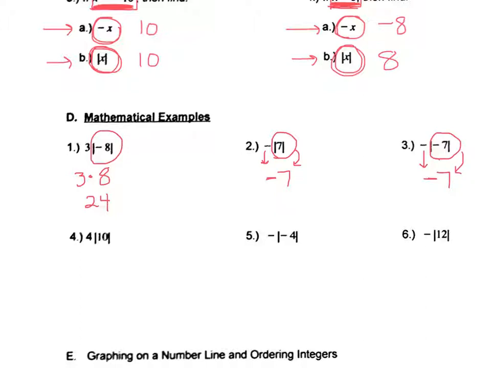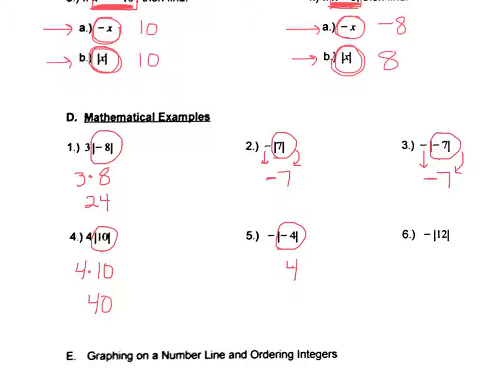Number 4, absolute value of 10 is 10 because it takes me 10 steps to get to 10. I then multiply by 4 and I get 40. Number 5, the absolute value of negative 4 is just 4 because it takes me 4 steps.